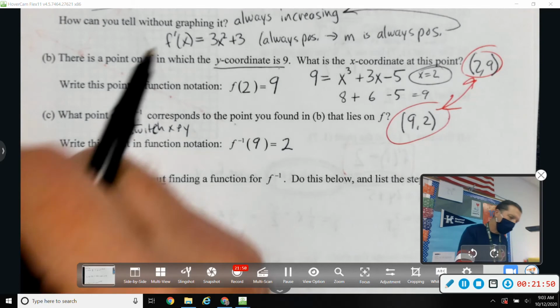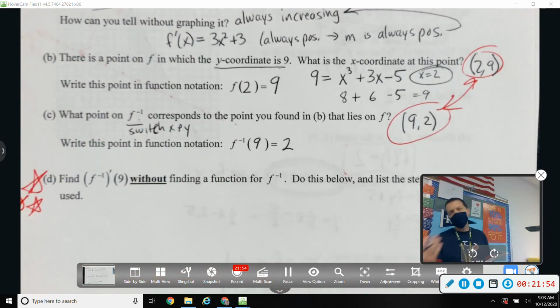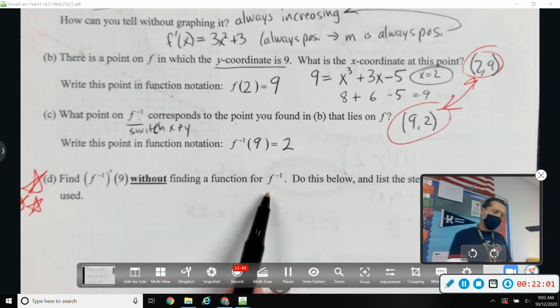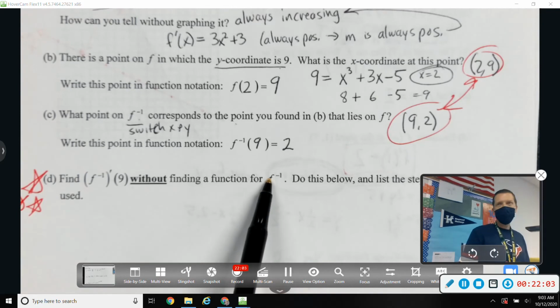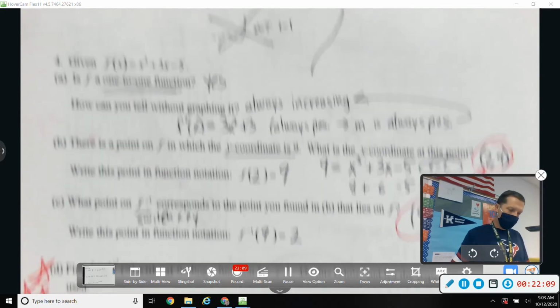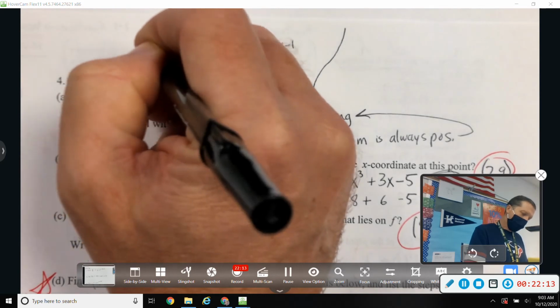Now, part D is what all the questions will look like today. Find the derivative of the inverse at 9 without finding a function for the inverse. So in that first example, we were able to find a function for the inverse and take its derivative. But if I switch x and y on this, well, that's fine.